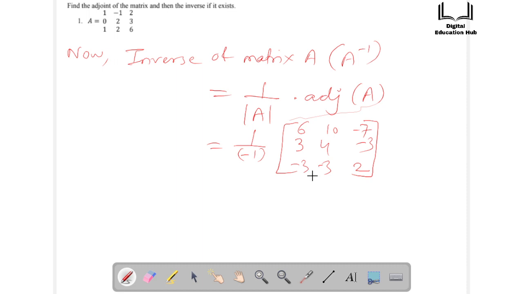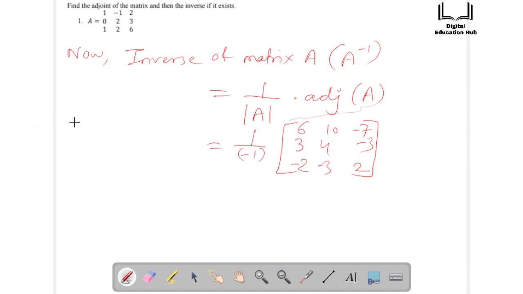Then the last row, no, here it should be minus 2, so let's correct it. It is minus 2, minus 3, 2.